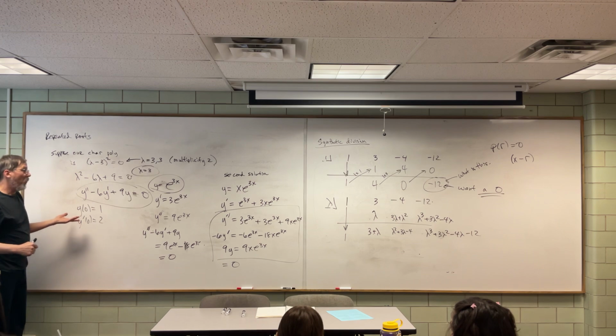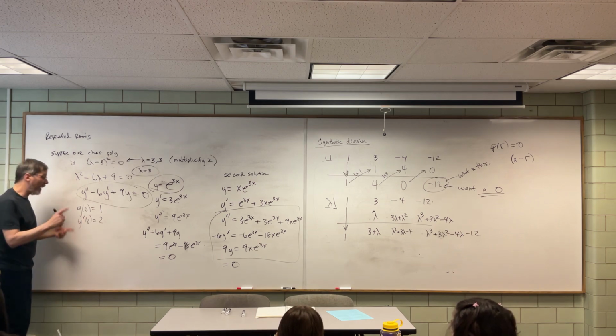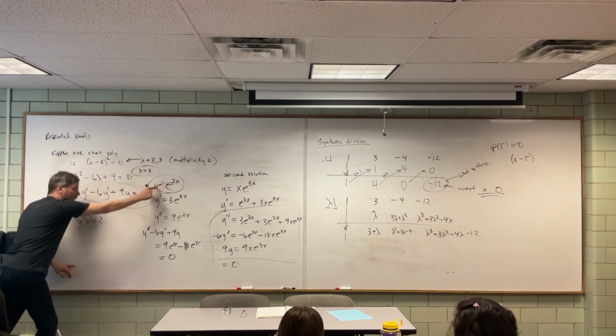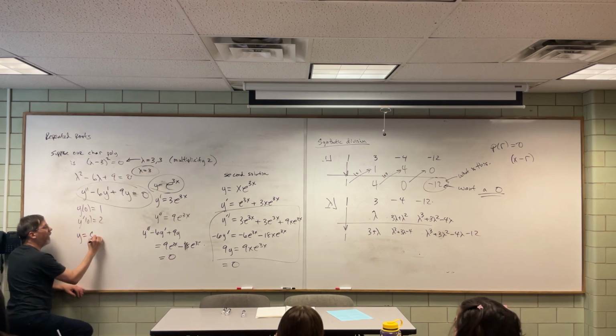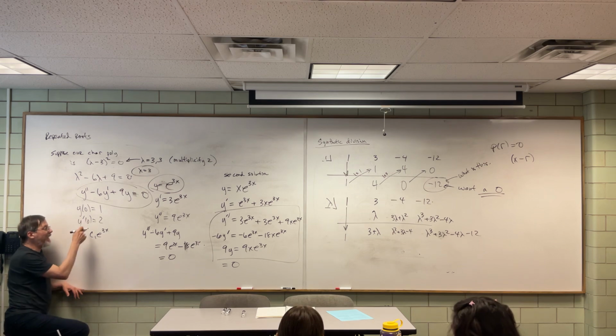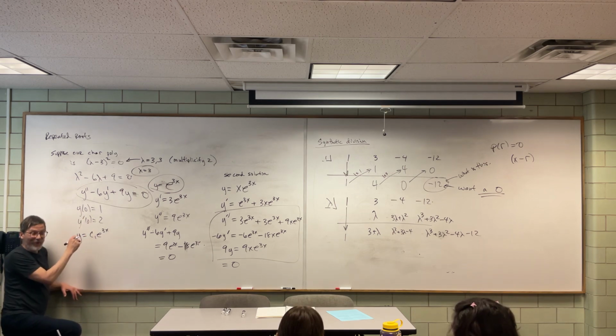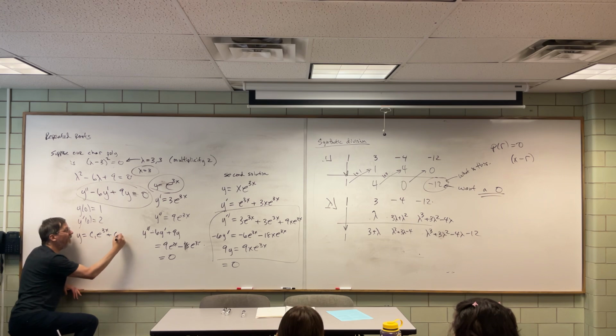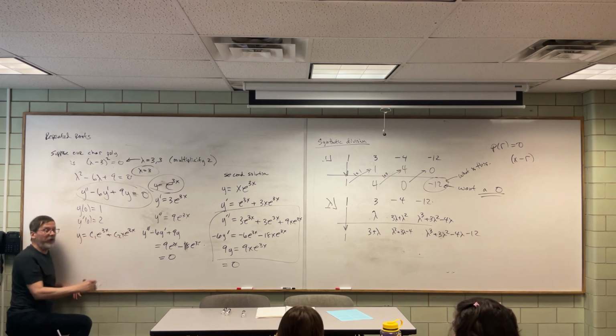Right now we can't handle that, because if we just stuck with the general form, c1 e to the 3x, I can't make that work for both of those. So I've got to have that second solution in there to get the full set.